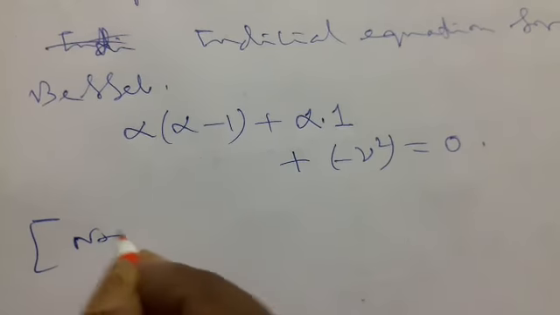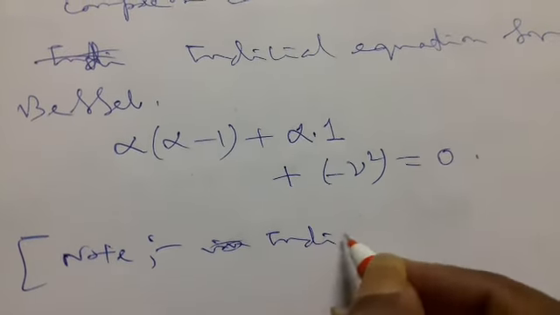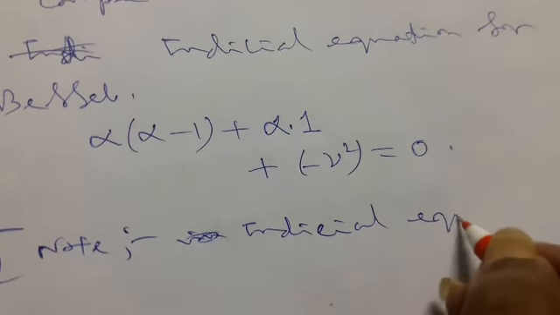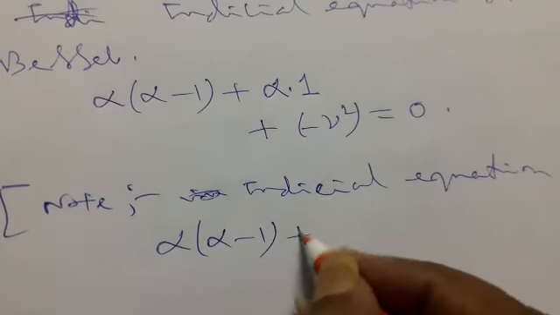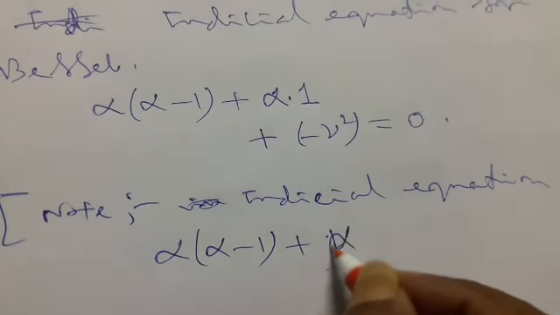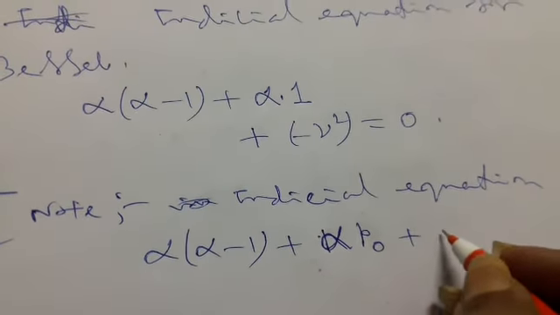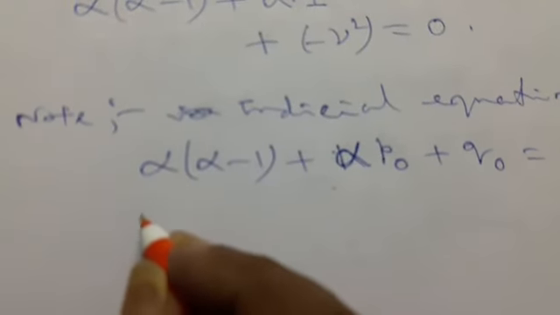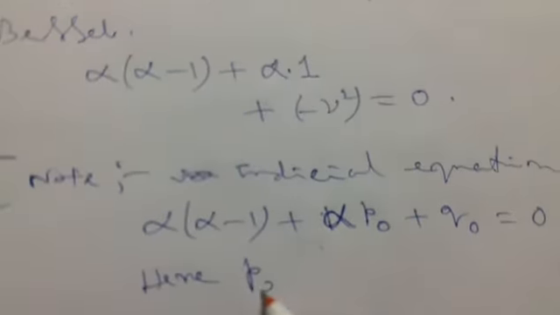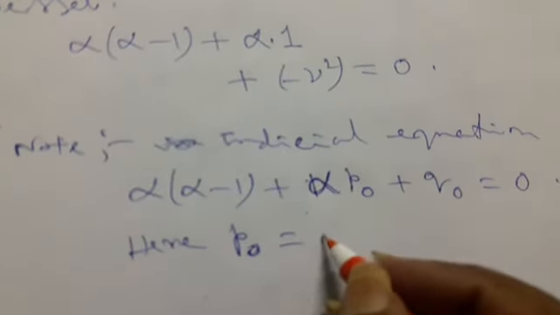It should be noted that the indicial equation is alpha into alpha minus 1 plus alpha p0 plus q0 equals to 0. And it is clear here that p0, if we notice, is 1.